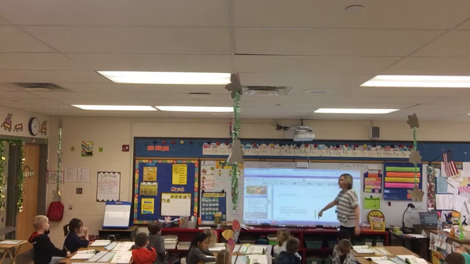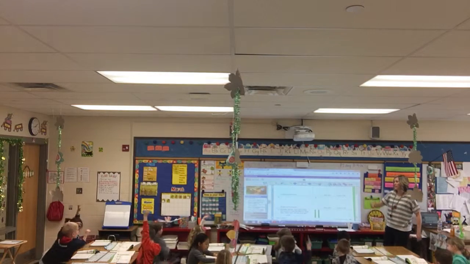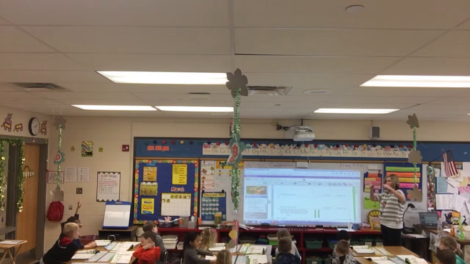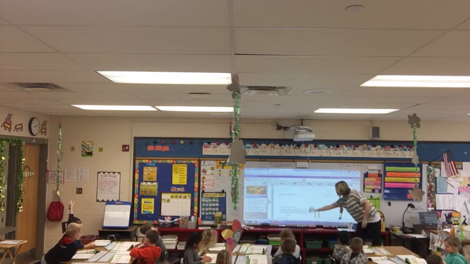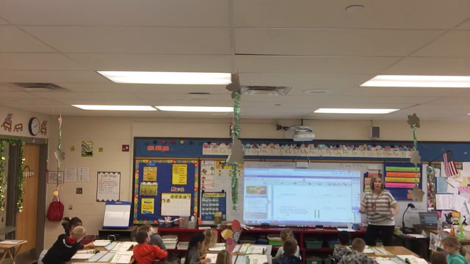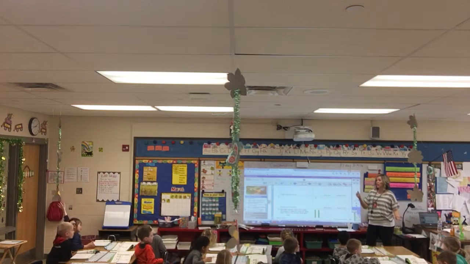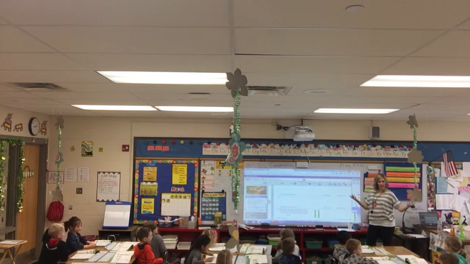How many ones do I have? 10. I've taken that one row of 10 and I've broken it apart. So then if I did that with another row of 10 the same way, how many ones would I have? 21? Do we get it?